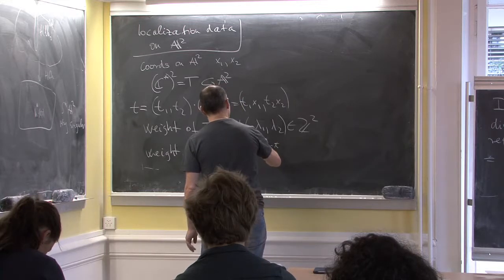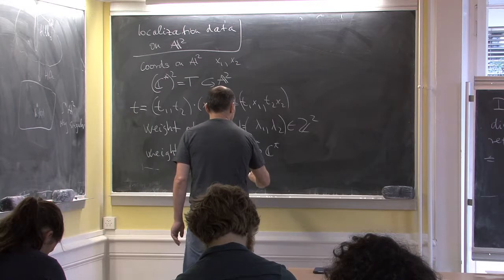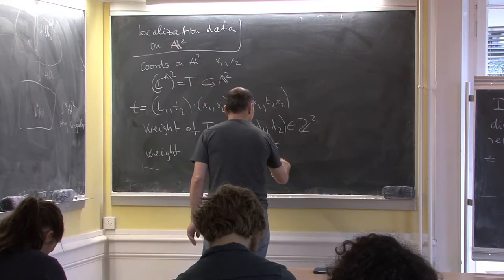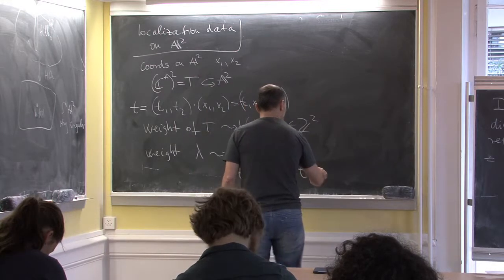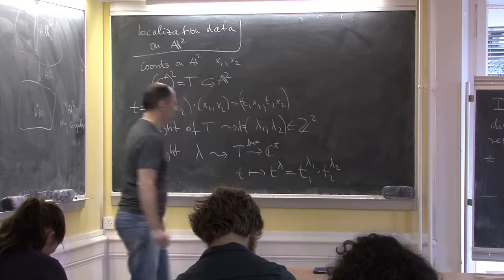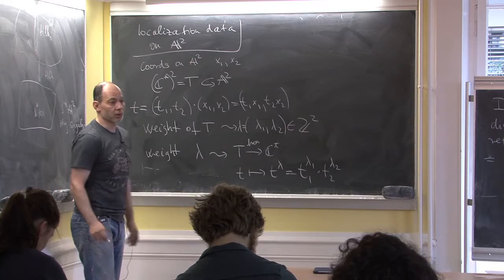This is a group homomorphism, and it's given in the following way: T goes to T to the lambda. This is notation, so it's just T1 to the power lambda 1 multiplied by T2 to the power lambda 2. So this is basically our usual setup. I'm just reminding you what this thing looks like.